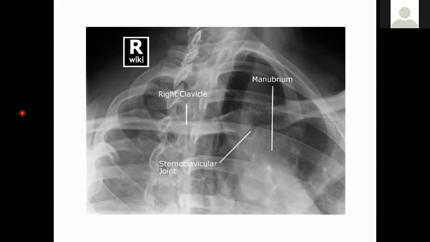This is another oblique projection for SC joints. This image has plenty of problems. I hope you never produce one like it, but it is useful for showing the amount of rotation. This looks like more than 15 degrees because there is a significant shift away from the spine. You don't need this much.